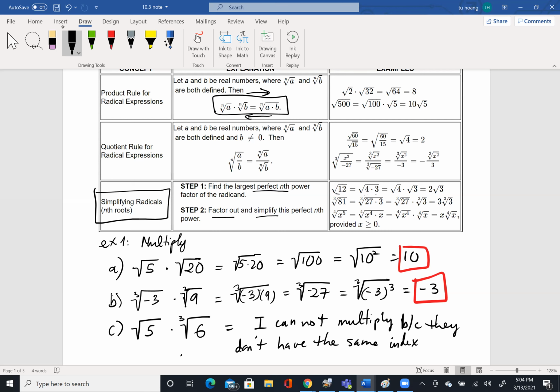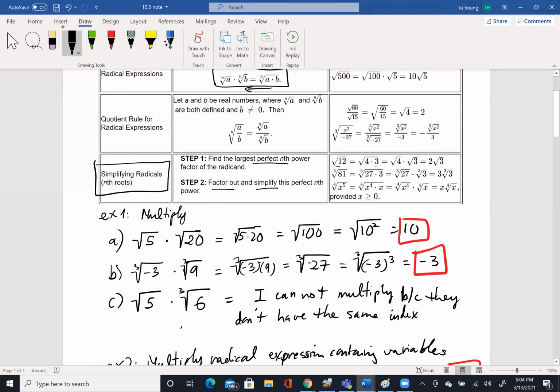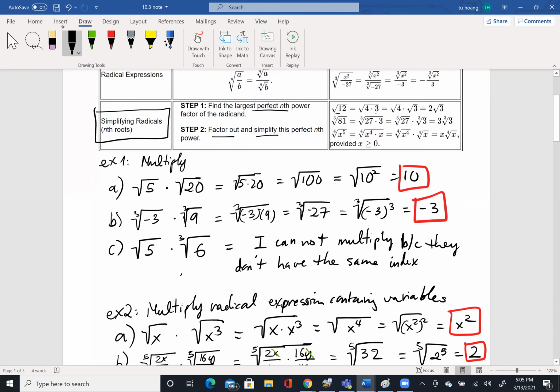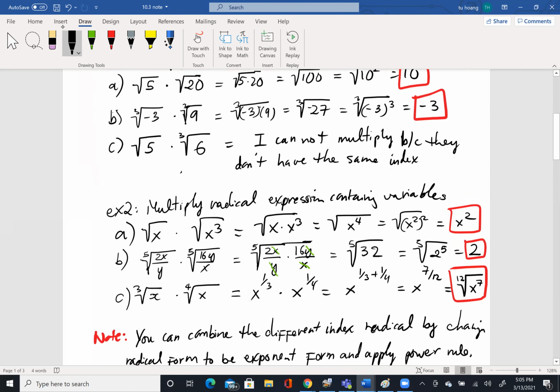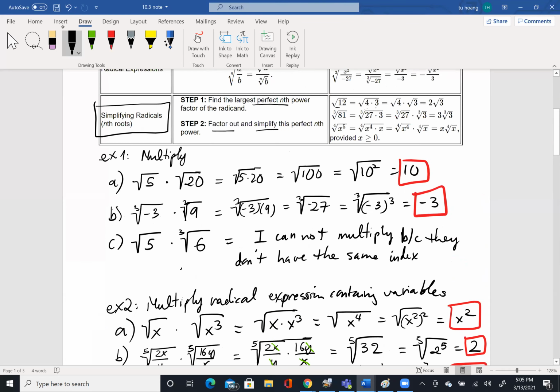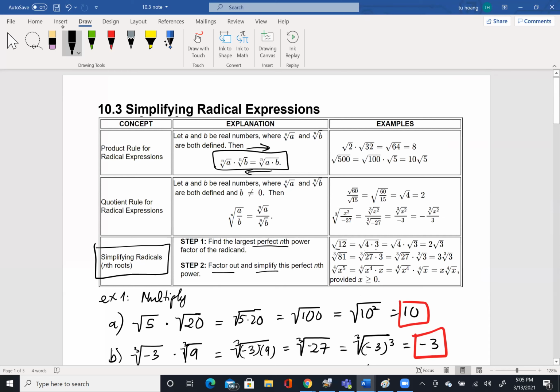So similarly, you can also do fourth root of x to the power 5 by the power rule like I showed you. But remember that at first you need to follow the two steps over here. Find the largest perfect nth power, and then factor out and simplify this perfect nth power.